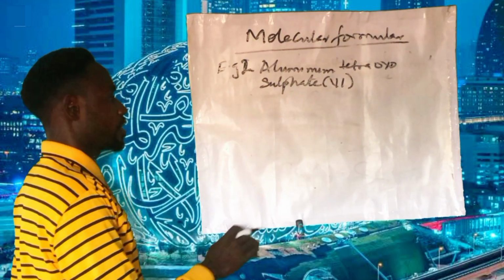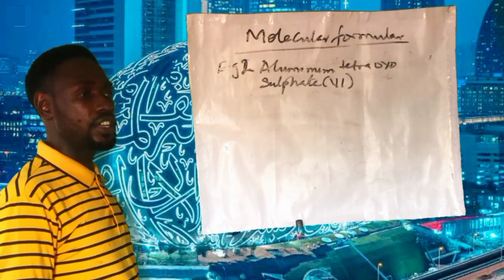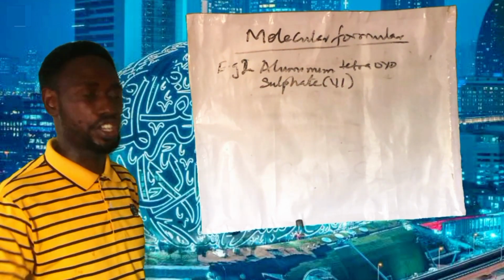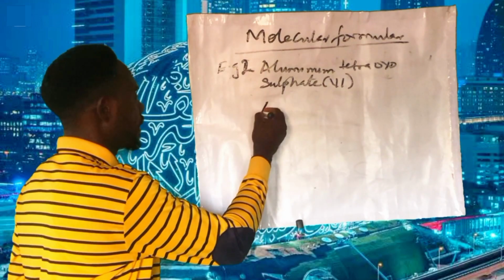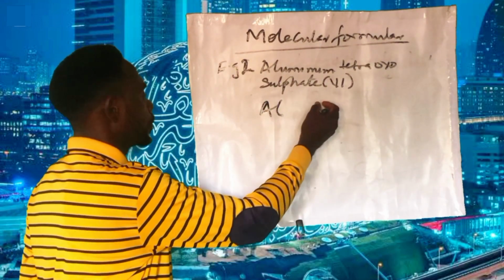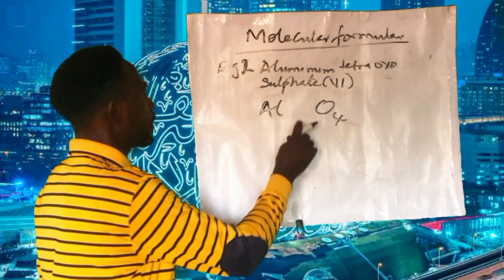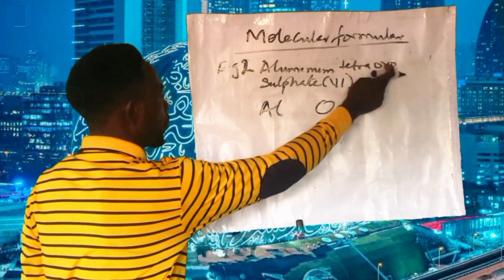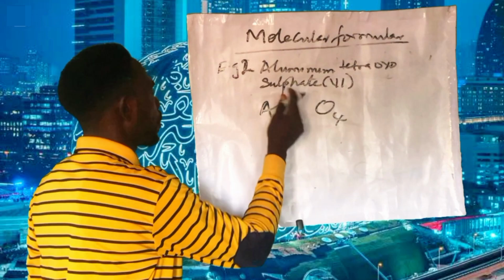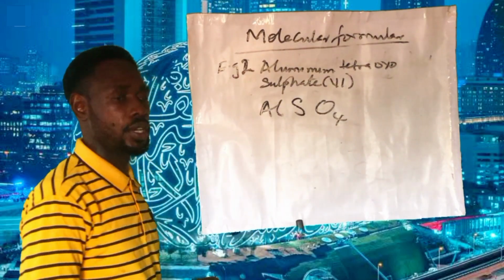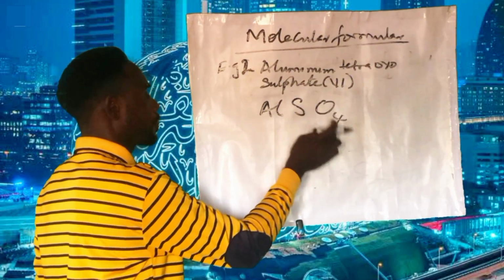You write first of all the neutral, that's the basics, and check if it is correct. We are going to write Al, then we write O4 because that's what tetra oxo means. Sulfate, you write sulfur in the middle. So this is AlSO4.